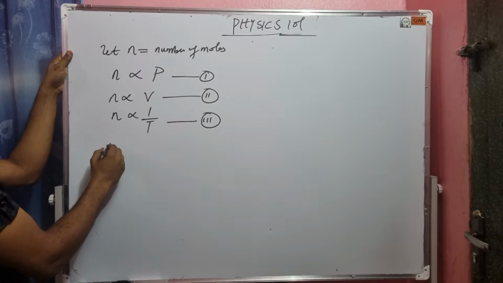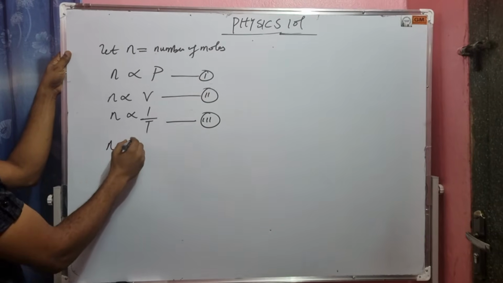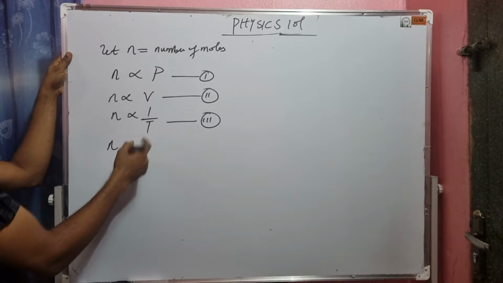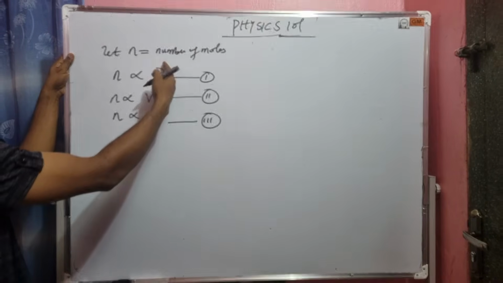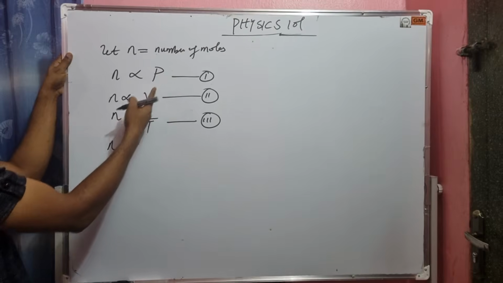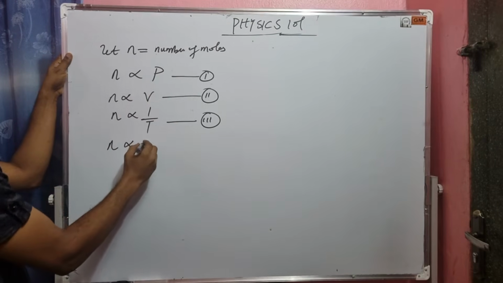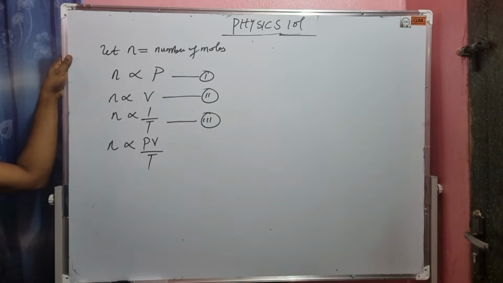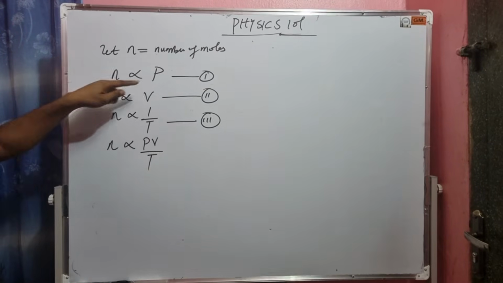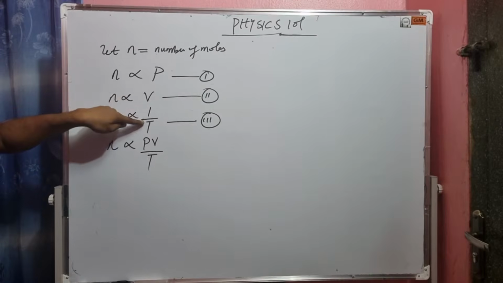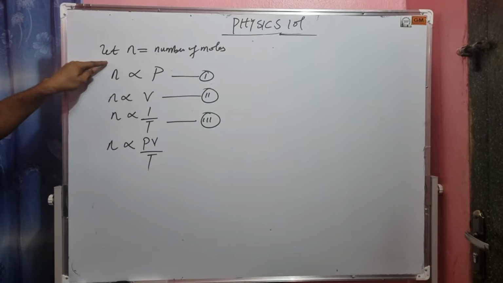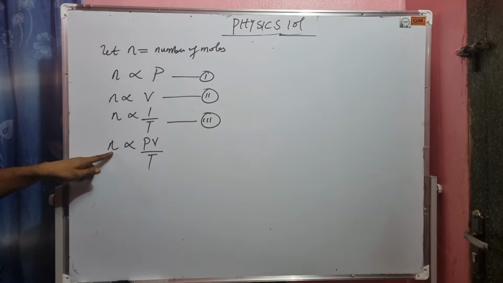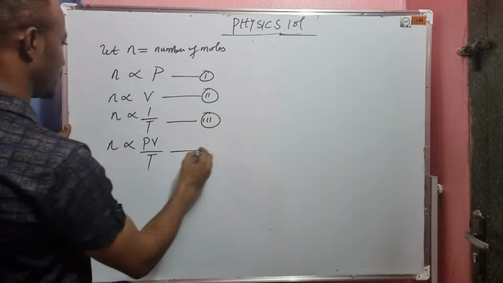The number of moles is proportional to P times V times 1 over T. That will give us PV divided by T. Don't forget, I multiply these because the three equations have a common factor, which is n.